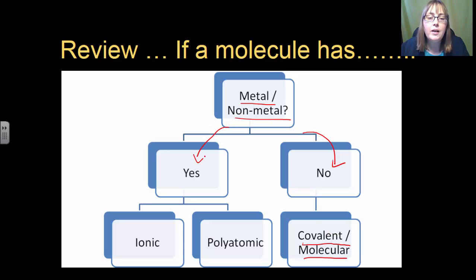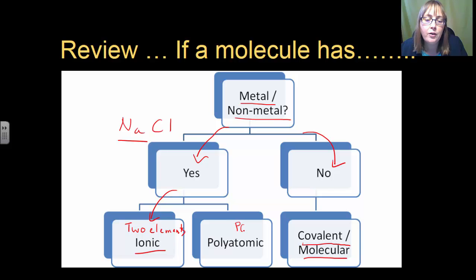If there is a metal in that formula, let's say Na, as in NaCl, with Na being one of our metals, we know that this compound is ionic if there are only two elements. But if there's more than one element, if you remember, we have other elements in there, we probably have one of your polyatomic ions.